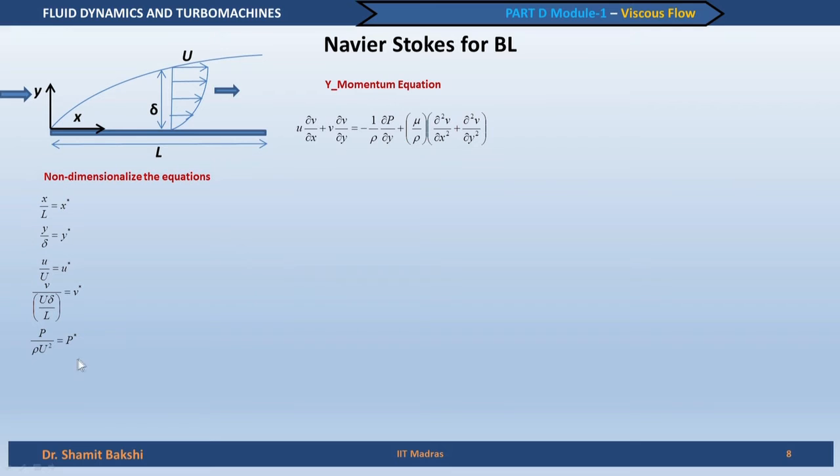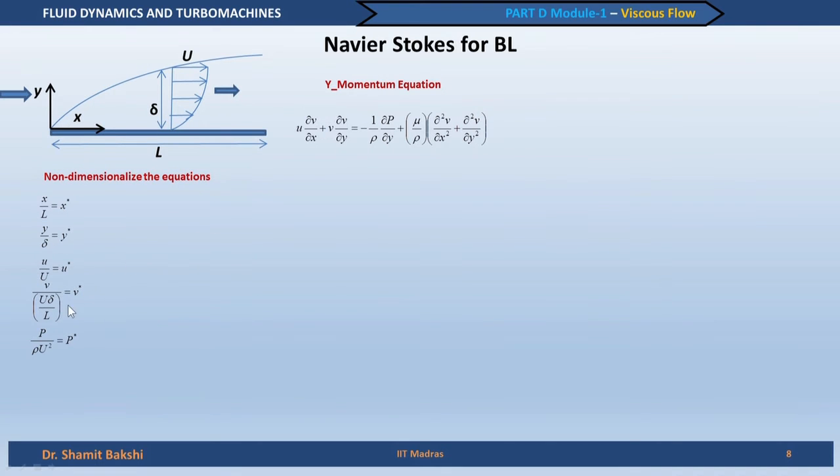Again, we can use these expressions to rewrite the y momentum equation in terms of the non-dimensional parameters, namely u star, v star, x star, y star, p star. Let us do that. We already introduced the methodology for that. In this equation, we can write small u as capital U into u star, and small v as this multiplied by v star.